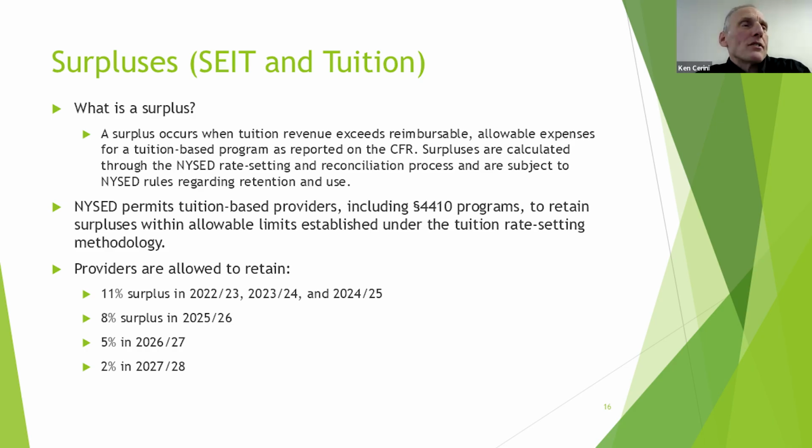So let's talk about surplus. What is a surplus? Back in fiscal 2023, which is the 22-23 year, SED released, it started with a New York State mandate, and then it came down through SED, that a lot of the 4410 providers were complaining that they didn't have the resources to be able to run these programs.